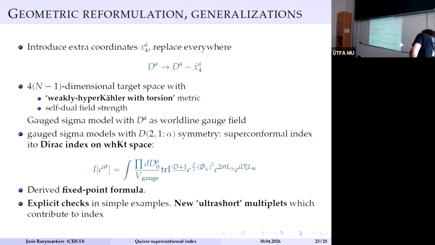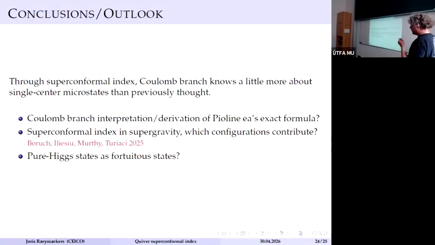Then I was going to talk about some generalizations, reformulation of this, but maybe I'll skip that until the time. So, the conclusions. The physical picture of what we've done is not yet crystal clear. I think we have a handle on the computational part. But it does seem that through this superconformal index, the Coulomb branch knows a little bit more about single center microstates than previously thought.